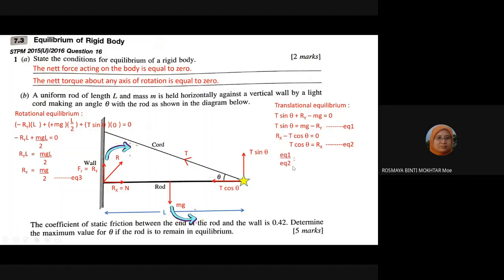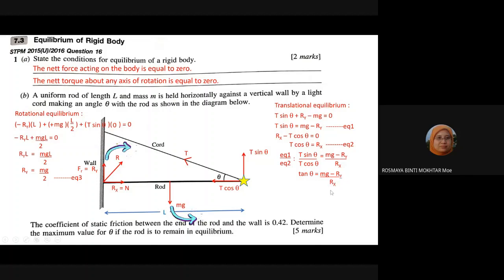Equation 1 divided by equation 2, so we get T sine theta per T cos theta. On the right side, we have mg minus Ry per Rx. So sine theta per cos theta we can combine to become tangent theta, and the T can be cancelled out. So tangent theta equals mg minus Ry per Rx.